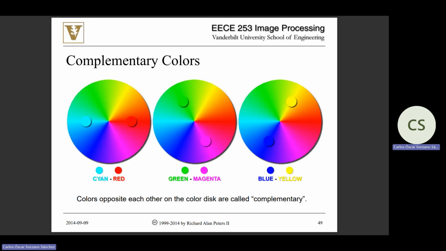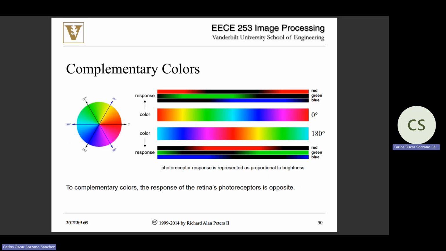We display in monitors with red, green, and blue, and our cones are red, green, and blue. But then we print in cyan, magenta, and yellow. Why those? Well, cyan seems to be the opposite of red, magenta is the opposite of green, and yellow is the opposite of blue. Opposite in which way?